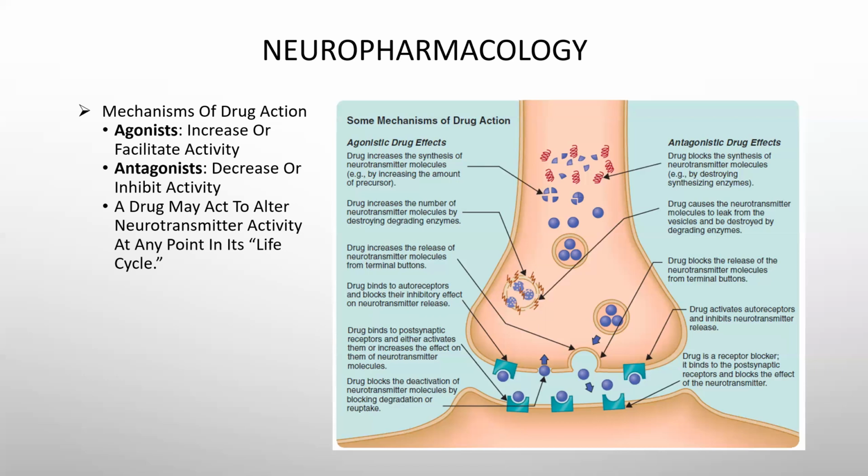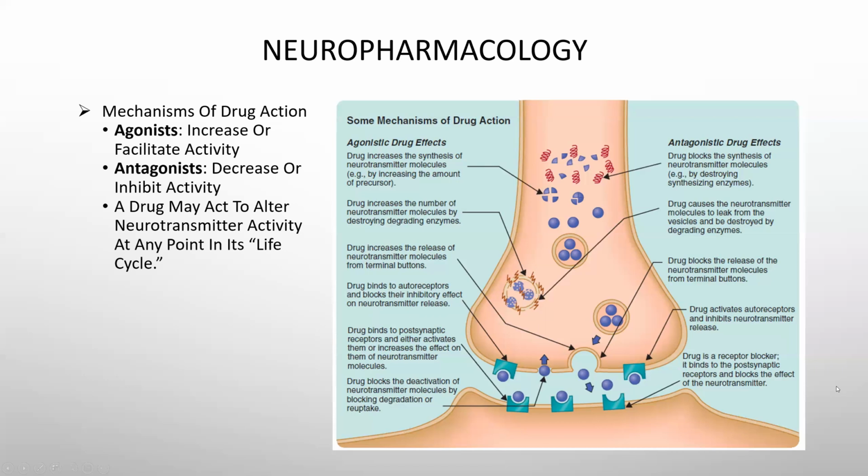Okay, now we do have some that are selective to specific neurotransmitters, which is fantastic. We have some that are specific to certain receptor sites, which is also fantastic, but they're still affecting the brain kind of overall, all areas of the brain. It's not centralized to one area of the brain. Okay. So let's look at both of these mechanisms. On the left-hand side, you have agonistic drug effects.